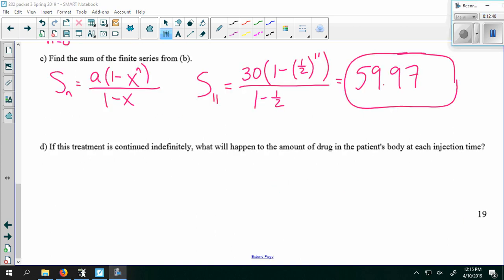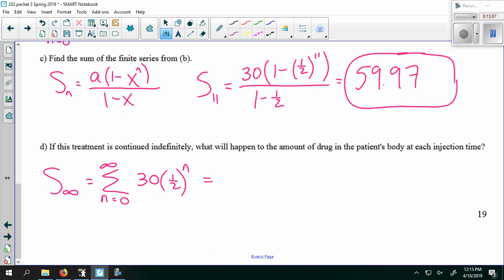Okay, if this treatment continued indefinitely, what would happen to the amount of drug in the patient's body at each injection time? So I want to look at the infinite sum, right? When I add up the sum from n equals 0 to infinity, instead of stopping after 11 injections, of 30 times 1/2 to the n.